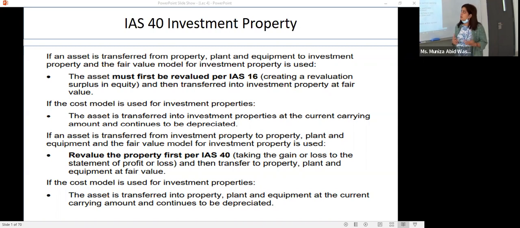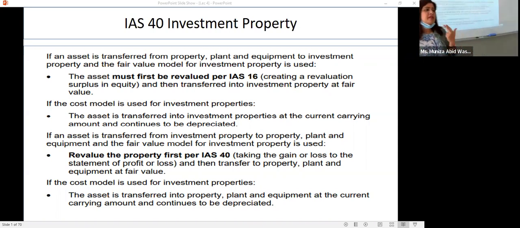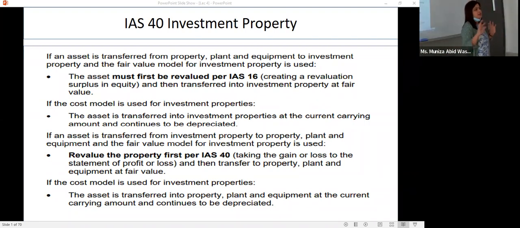Subsequently, after the first year of the purchase, we are having two options. Either we can recognize our investment property at its cost, or we can recognize it at its fair value. So two models are there. Over here, the distinguishing factor arises. Here is where there is a difference among three standards. Those three standards are IS 16, IS 38, and IS 40.